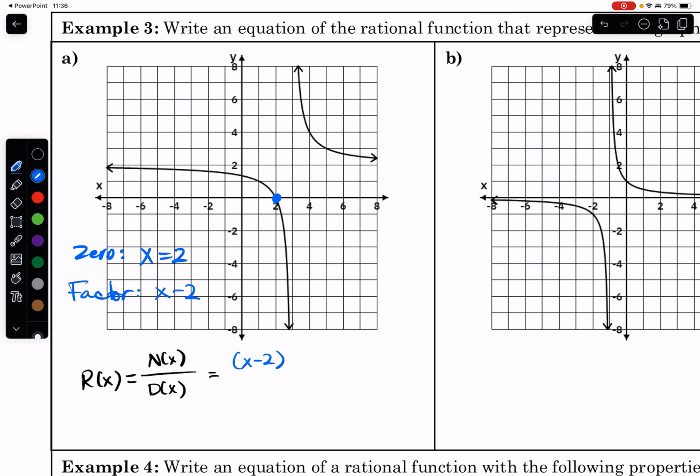And as long as there's no common factor, the way I'm going to determine the vertical asymptote, from what we're talking about today, is that my vertical asymptote exists where my denominator is equal to 0. So if I look for my vertical asymptote, I'm going to do it in red, I see that the graph splits up right here at x equals 3. X equals 3 is the vertical asymptote.